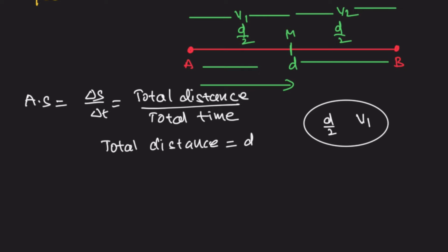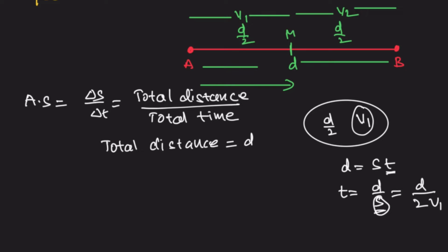We know the formula: distance is equal to speed into time. I want to calculate the time, so time is equal to distance by speed. What is the distance here? D by 2. The speed here is V1, so speed is in the denominator.